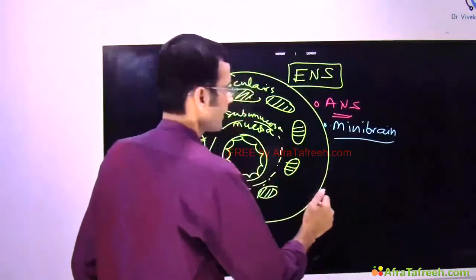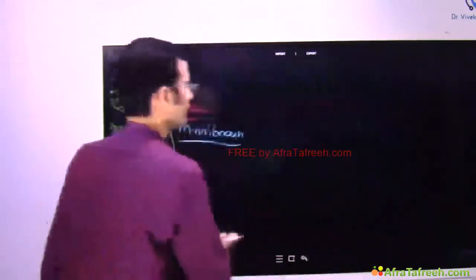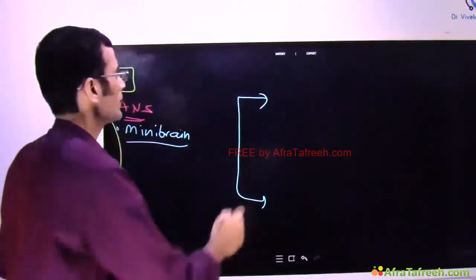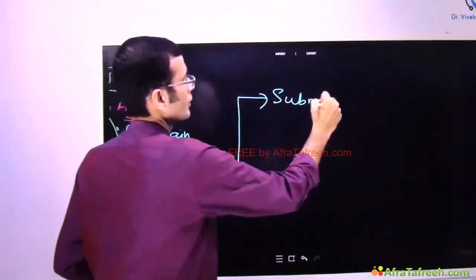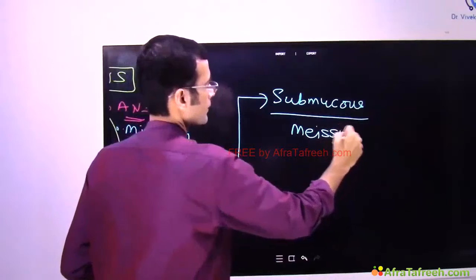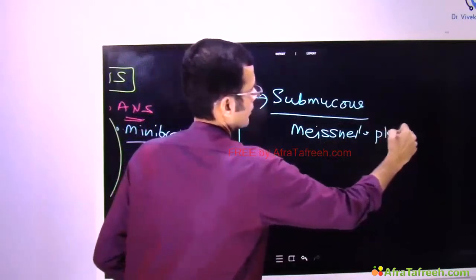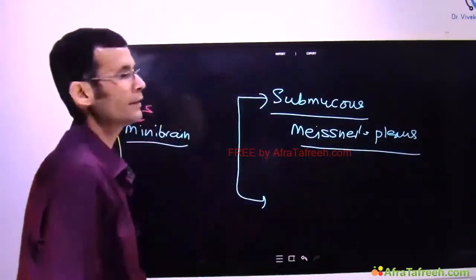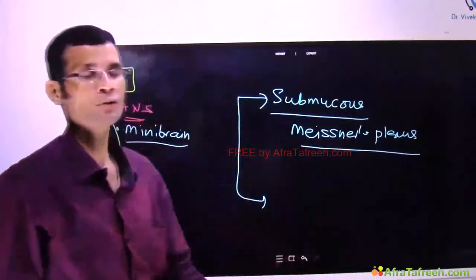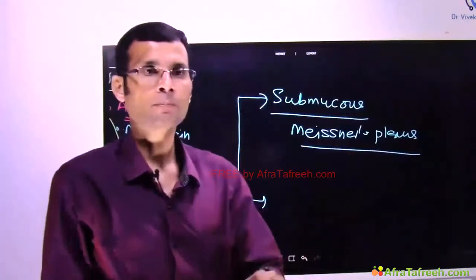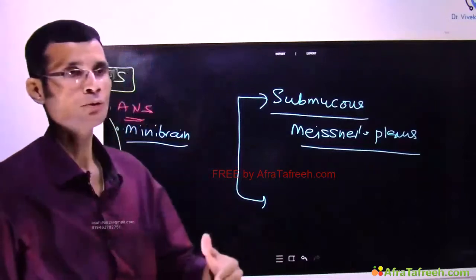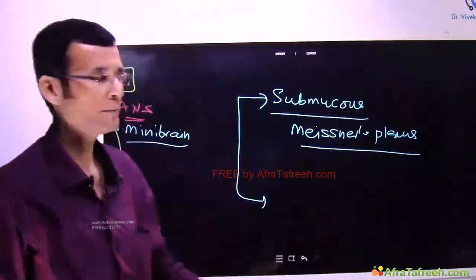This ENS has 2 plexuses, the nerve plexuses of the ENS. The submucous plexus is Meissner's plexus. It is the same George Meissner who discovered this plexus, who also discovered Meissner's corpuscle in the skin, the touch receptor, named after him.